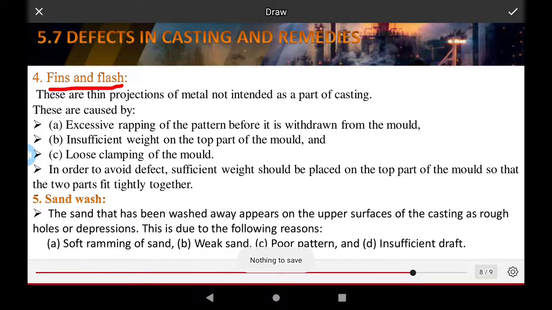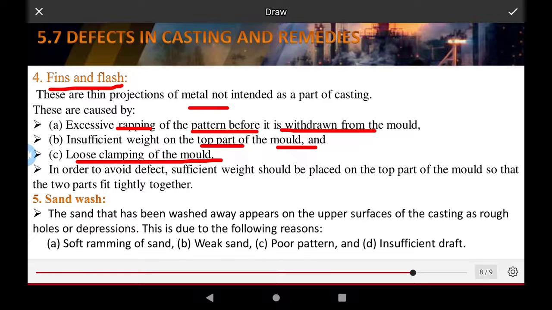Fins and flash: these are projections of metal not intended to be part of the casting. They are caused by expansion and ramming of the pattern within the mold, insufficient weight on the top part of the mold, and loss of clamping of the mold.